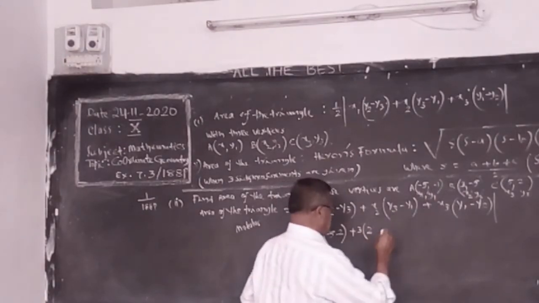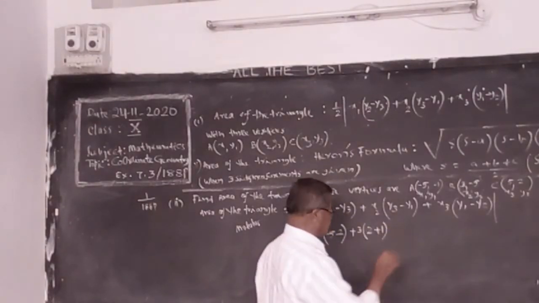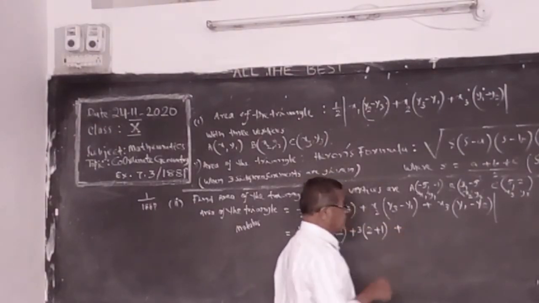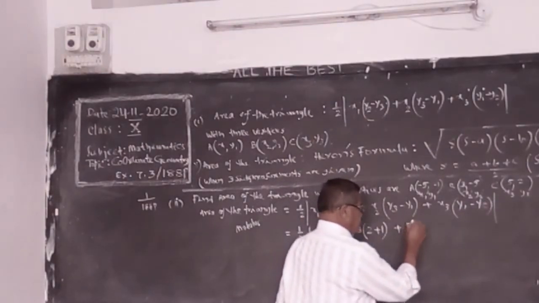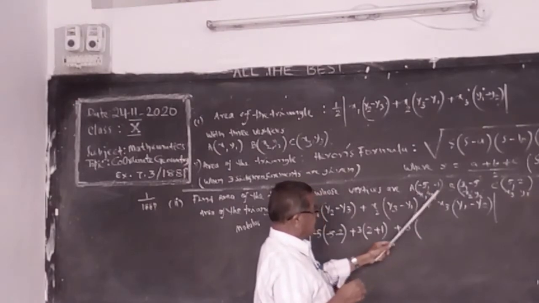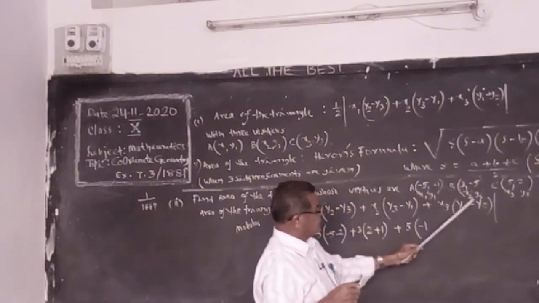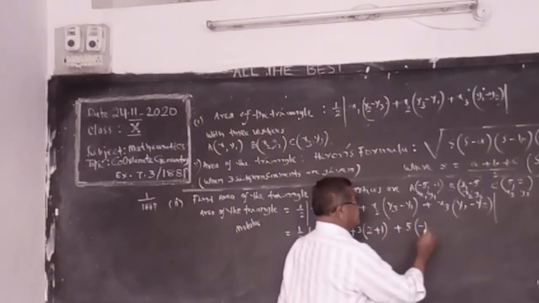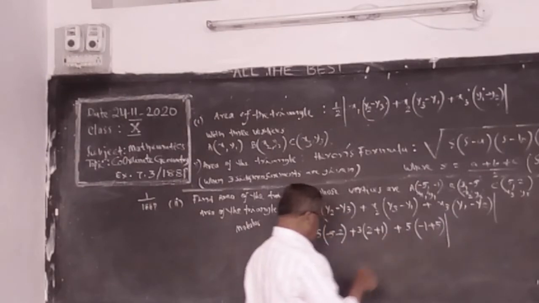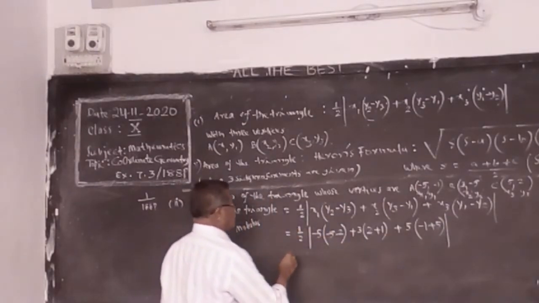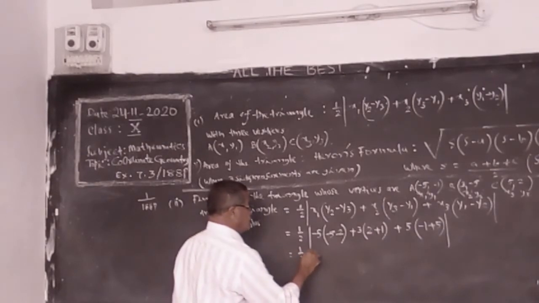Minus of minus becomes plus. The second bracket is done. Now come to the third bracket: x3 is 5, y1 is -1 and y2 is -5. Minus of minus becomes plus 5. Close the modulus.